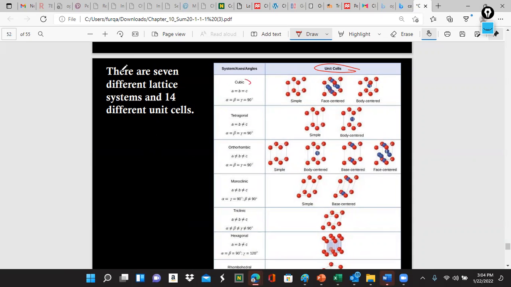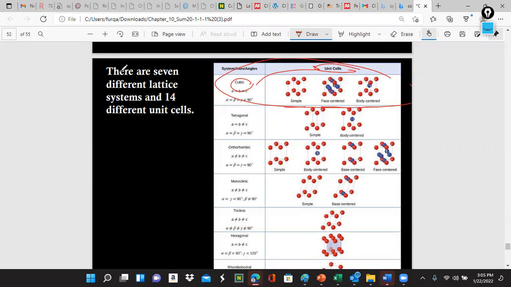So if we have a cubic unit cell, we have three different forms of cubic unit cell. The boundary of the unit cell is going to be a cube in them. But in that category of cubic unit cell, you have different types: the simple cubic unit cell, the face-centered cubic unit cell, and the body-centered cubic unit cell.